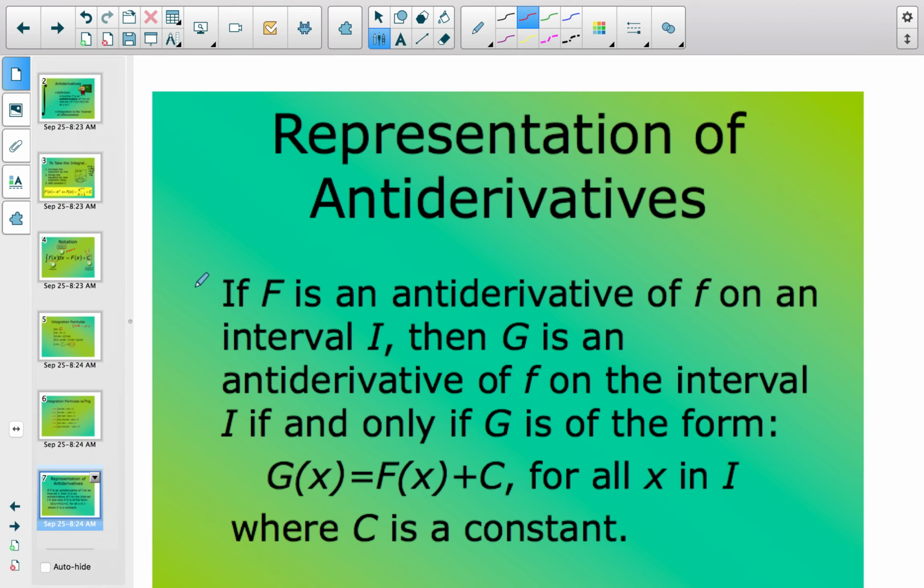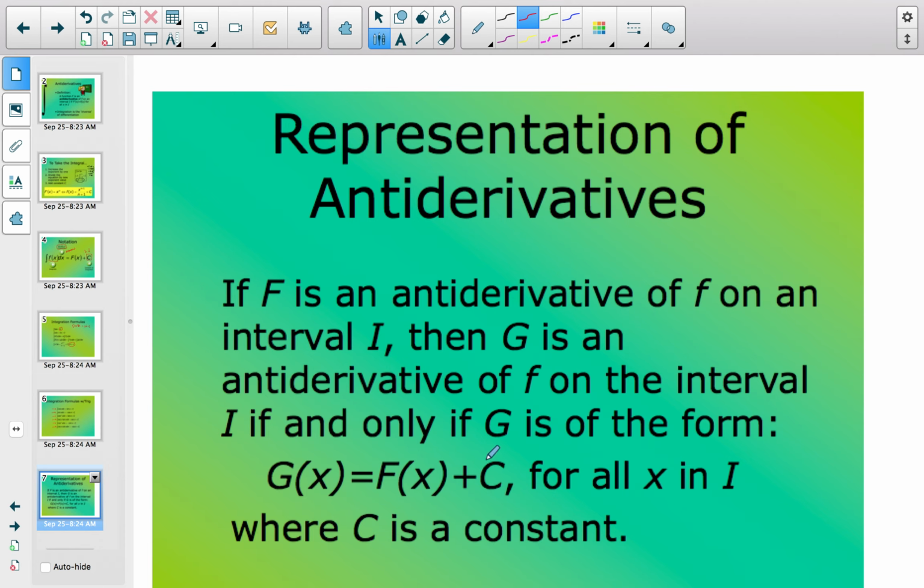Representation of antiderivatives. Usually we give antiderivatives a capital letter, that's the normal notation. So if F is the antiderivative of little f of x on an interval I, then G is the antiderivative of f on the interval I if G is of the form big F of x plus c.